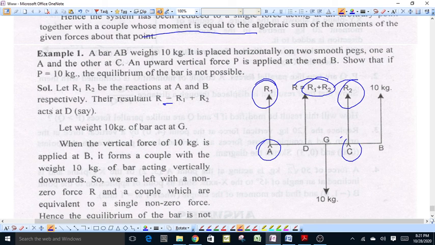Weight of the bar AB is equal to G, and the weight will act at point G, that is the center of gravity of this bar.